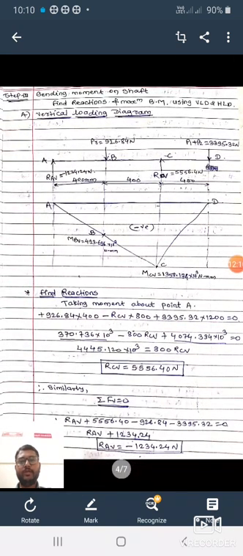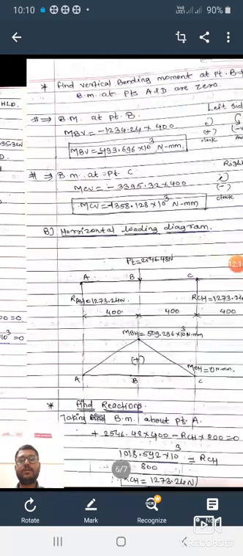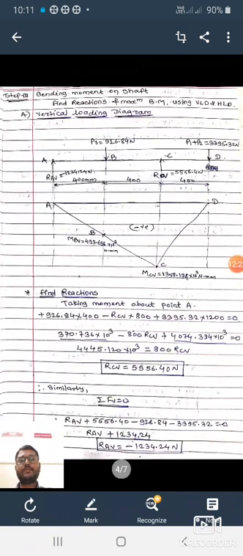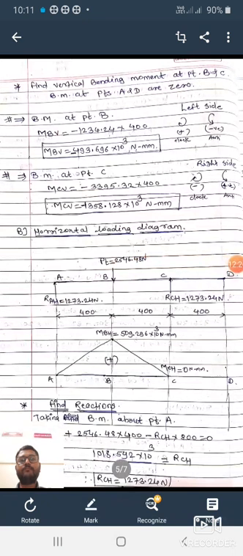So let us find the bending moment at point B by considering the left side force A. Here the left side force is 1234.24 and the perpendicular distance between point A and B is 400 mm.